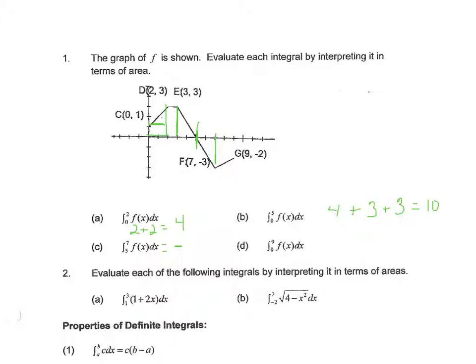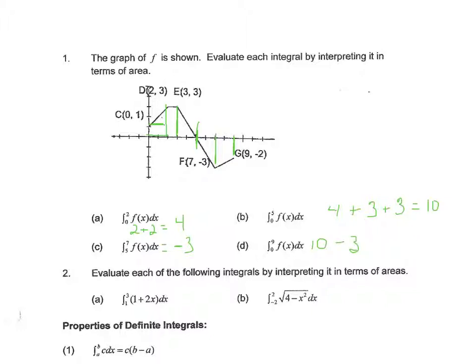And what's that area? Negative 3. And if we go all the way from 0 to 9, that's to right here, we know we have 0 to 5 is 10, 5 to 7 is negative 3.